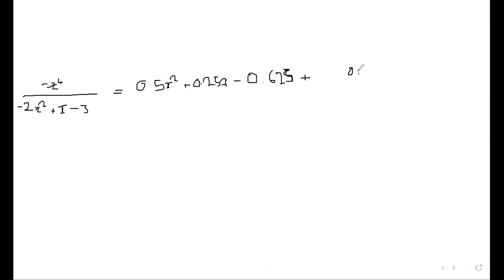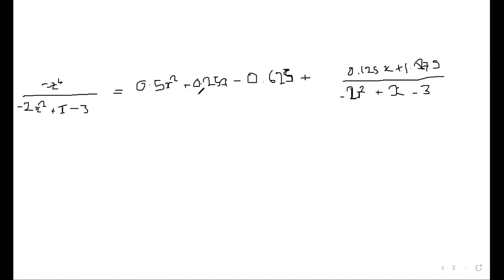Remainder was 0.125x plus 1.875, the whole lot of this over negative 2x squared plus x minus 3.